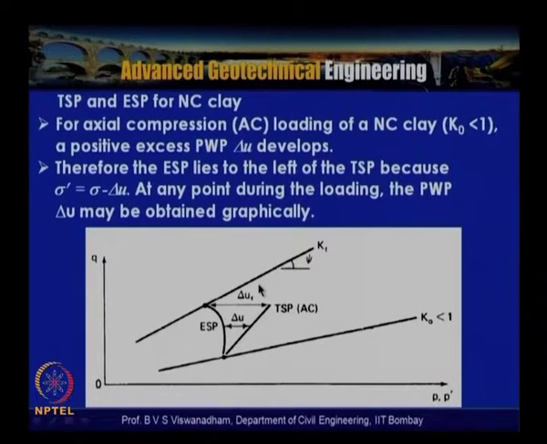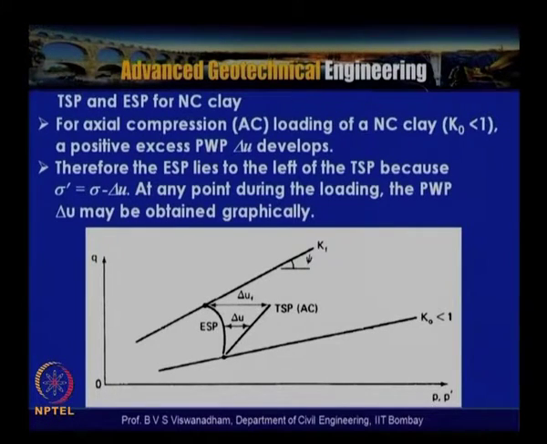In normally consolidated clay, when we do not allow drainage under undrained conditions, the excess pore water pressure that develops is positive, because the sample tends to compress. So for axial loading of a normally consolidated clay with K0 less than 1, the positive excess pore water pressure delta u develops.